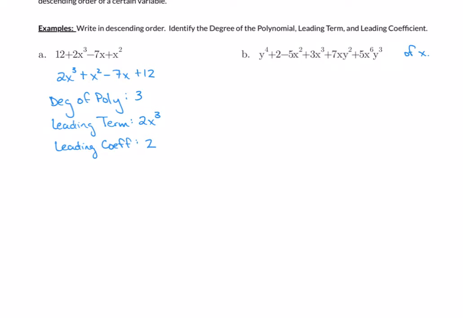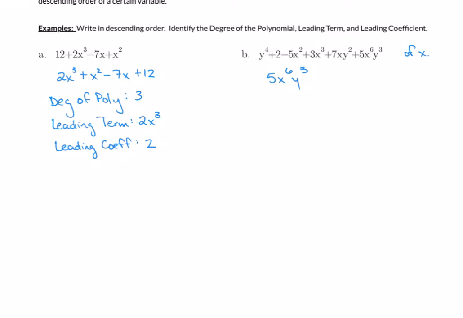So what is our largest power of x here? If we look across, it's this last term. That's going to be my first term. So we get 5x to the 6th y cubed.